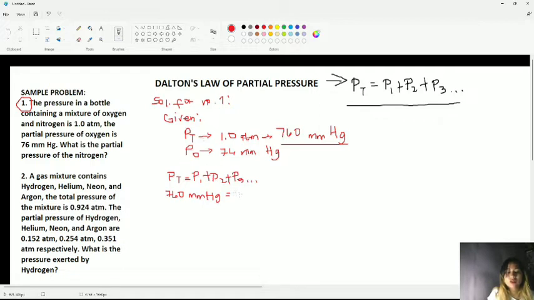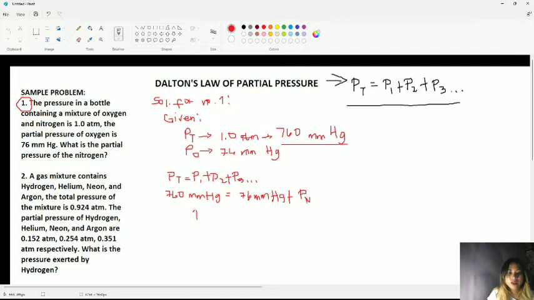Ito yung P sub O. Ang value ng P sub O is 76 millimeter mercury. Plus, ipa-plus natin kasi mixture siya. Ang pangalawang partial pressure natin is yung walang value, which is the nitrogen, kasi merong sa oxygen. So, ilagay natin ito, P sub N.